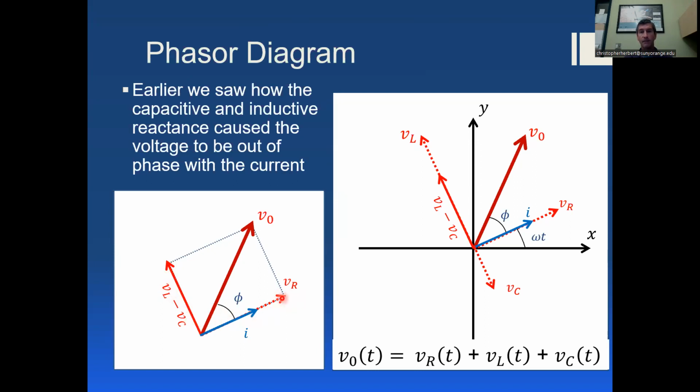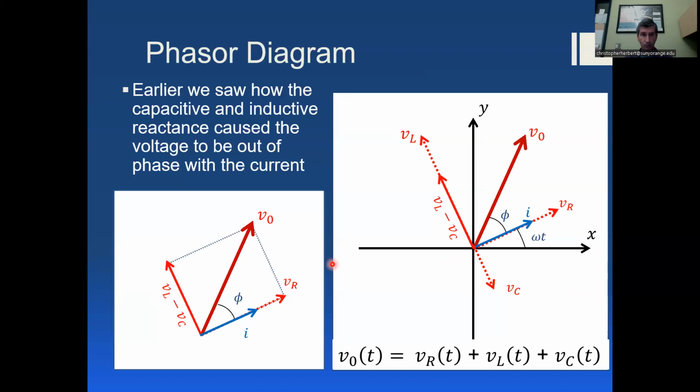Here is the voltage across the resistor. Here is our current right here. Here's our driving voltage. And VL minus VC is going to be this vector minus this vector. And again, this phase angle will really be determined by how large this voltage difference is, how large the reactance difference is, divided by how large this voltage is right here. I should say the tangent of that angle is going to be equal to that.